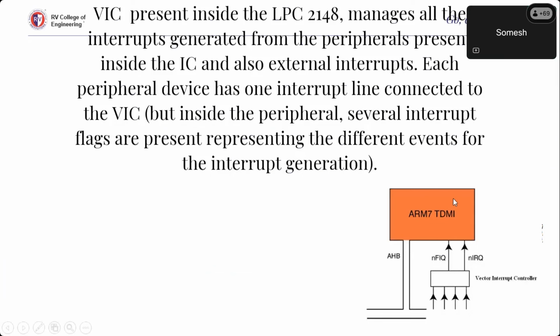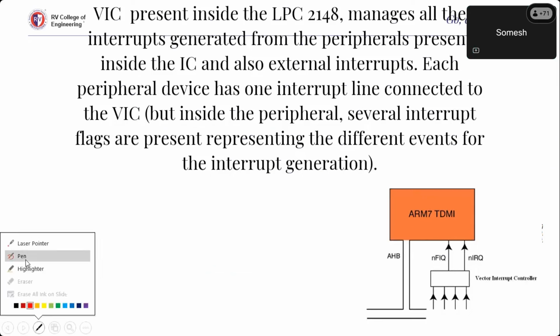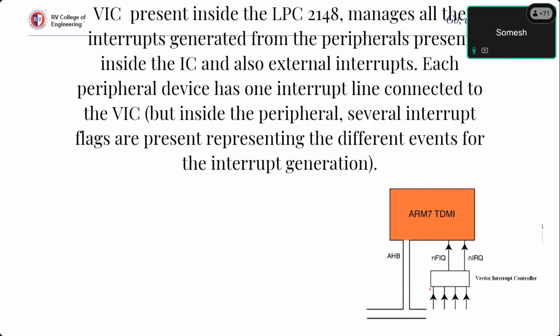Since the ARM core provides only two interrupt types, or interrupt pins, there is a requirement for a lot of interrupts from within the LPC2148 chip, from the different peripherals, and also from external to the IC.